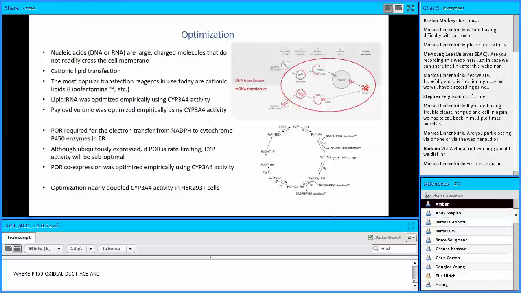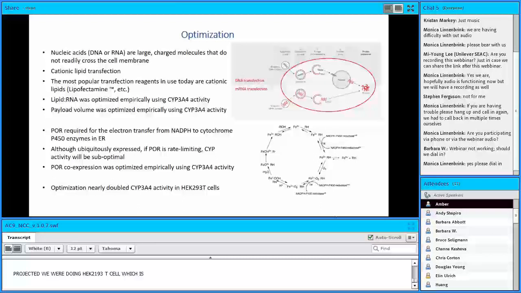And so even though POR is ubiquitously expressed in virtually every tissue ever tested, what's not known for any cell type you might try to do this in is whether the P450 oxidoreductase your cell makes is sufficient to support a lot of CYP activity that you're going to be putting into the cell with RNA transfection. So we found out that we needed to supplement. In this project we were using HEK293T cells, which is a human embryonic kidney cell line.